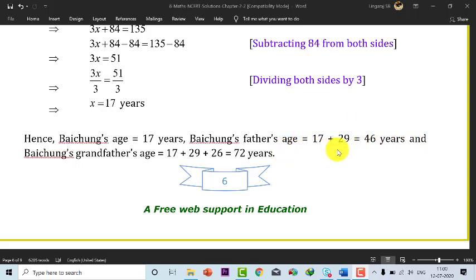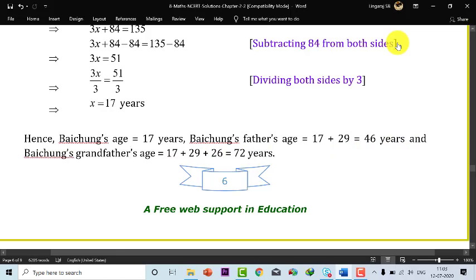Baichung's grandfather's age is 26 years older than Baichung's father, so 17 plus 29 plus 26 is equal to 72 years.